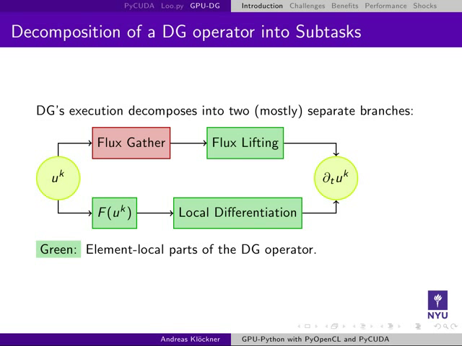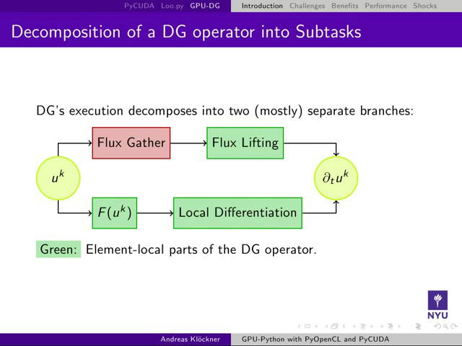Algorithmically, what we get out is our value of u. And we take two branches. In one branch, we need to compute the flux and differentiate it. That gives us one part of the time derivative. In the other part, we gather the flux across element surfaces, and then we do the surface integration, and that gives us the other part.